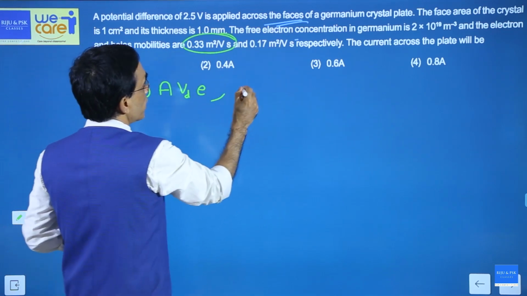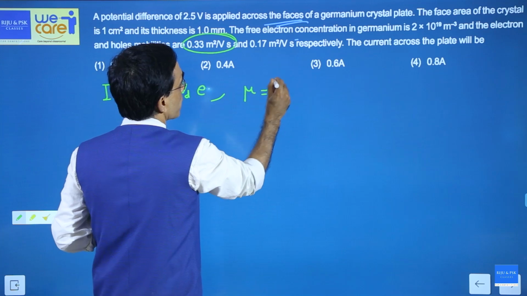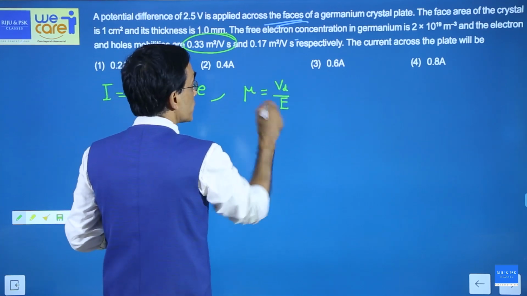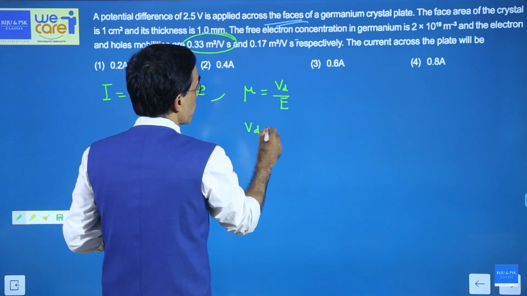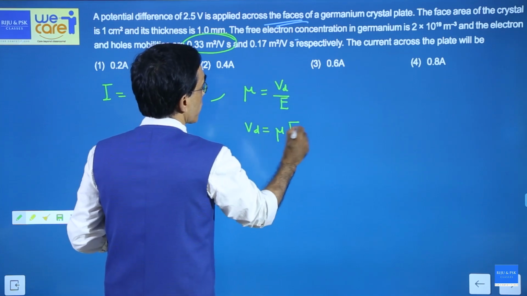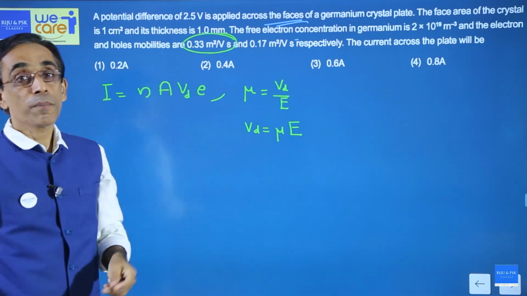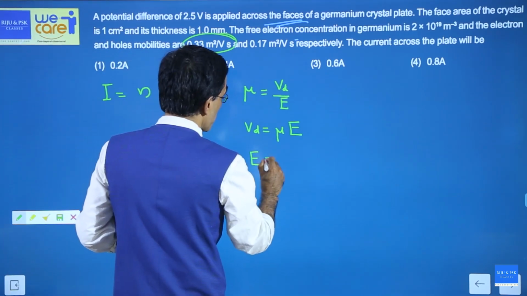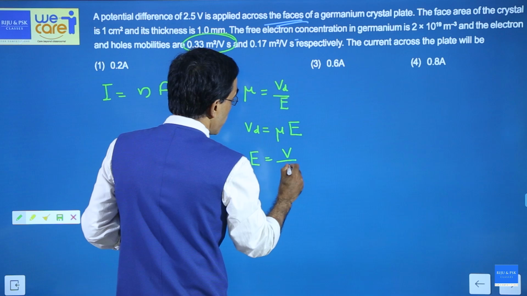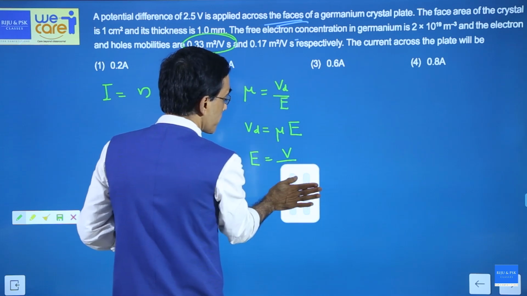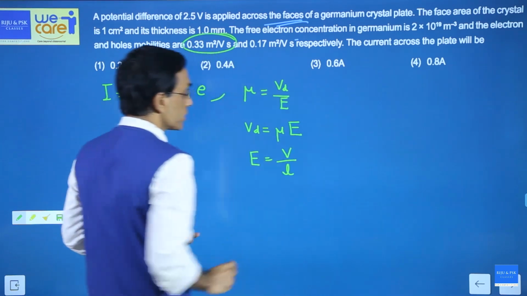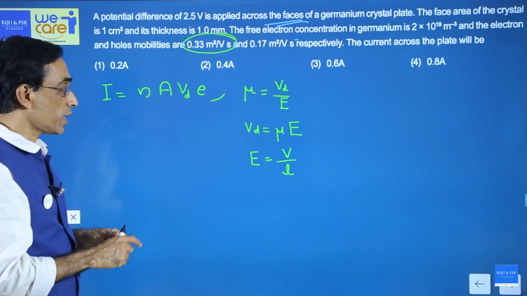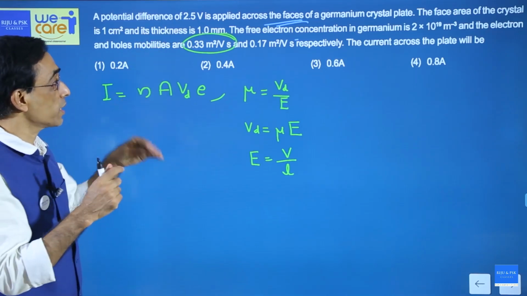So use the equation that mobility mu is drift speed divided by electric field, which gives drift speed equal to mu into electric field. The electric field is not given, but the potential difference is given. So use the idea that electric field is equal to potential difference by the length. What is that length? It is the length through which current is flowing, and that is the thickness of the slab in this case.